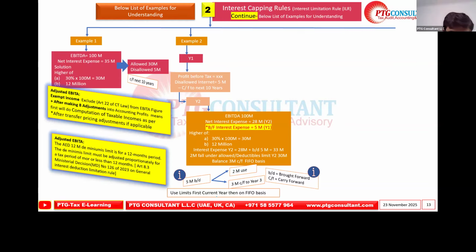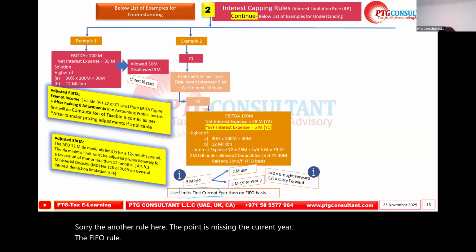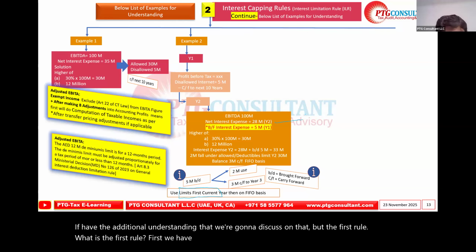The point is missing the current year. The FIFO rule has additional understanding that we are going to discuss. But the first rule, what is the first rule? First, we have to utilize this 28 million in the current period.